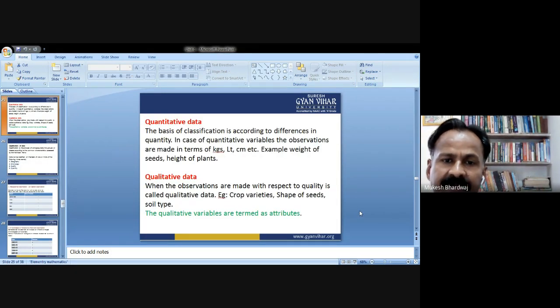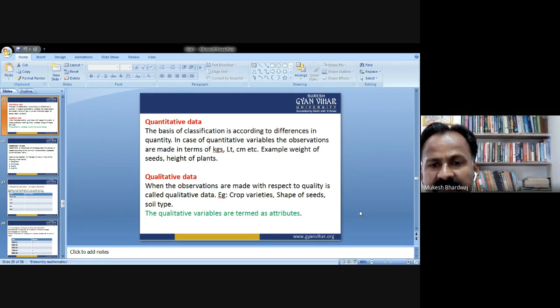Now, quantitative data: the basis of classification is according to the difference in quantity. In case of quantitative variables, the observations are made in terms of kilograms, liters, centimeters, meters, etc. Example, weight of seeds, heights of plants. Okay. Qualitative data: when the observations are made with respect to quality, it is called qualitative data.